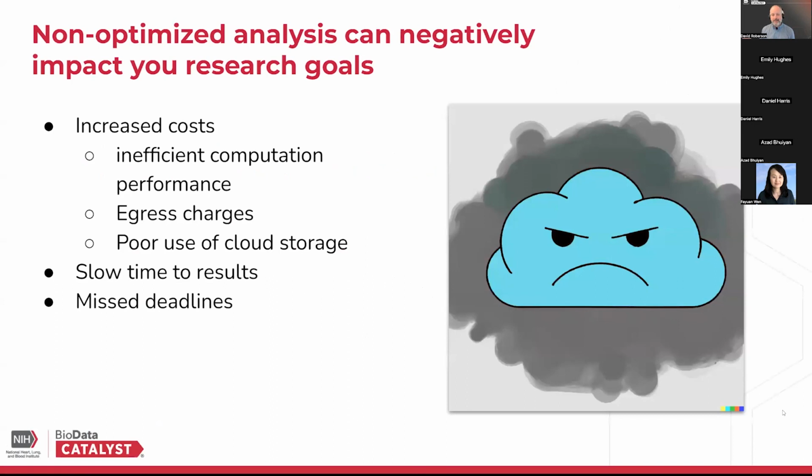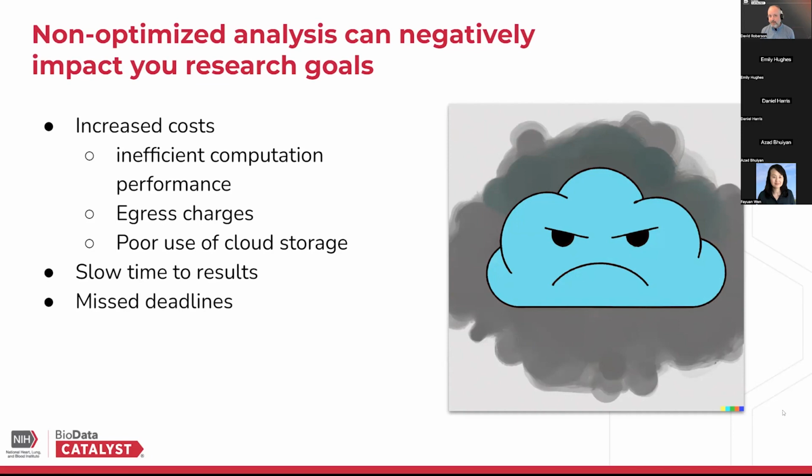That's represented by this frowny-faced cloud here, and a lot of you may have experienced this: if you're trying to push through non-optimized analysis, it can really negatively impact your research goals. What do I mean by that? Well, you could see increased costs from inefficient computation, for example.